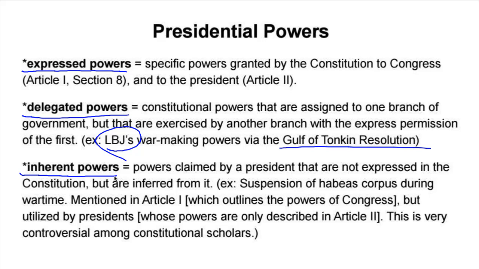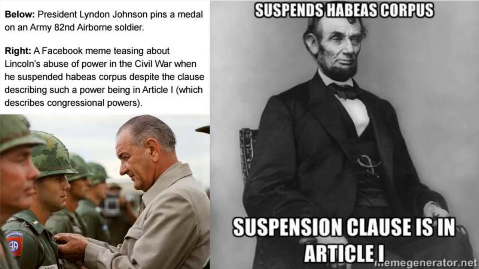So a good example of this is the suspension of habeas corpus during the Civil War by President Abraham Lincoln. The power to do this is mentioned in Article 1, which outlines the powers of Congress. But it is utilized by presidents, whose powers are only described in Article 2. So this is a very controversial thing among constitutional scholars, is did Lincoln even have the power to do what he did during the Civil War?